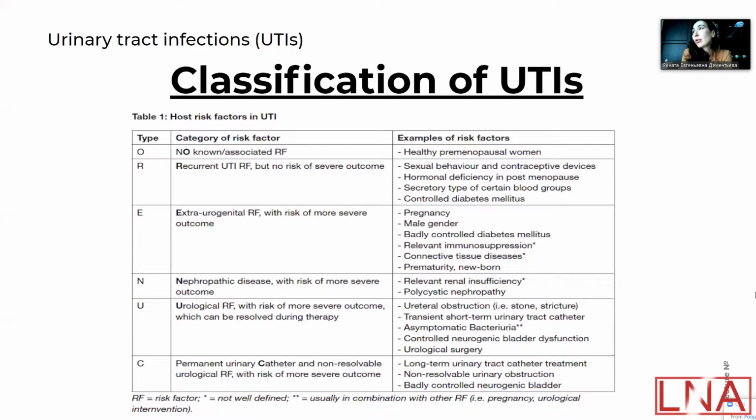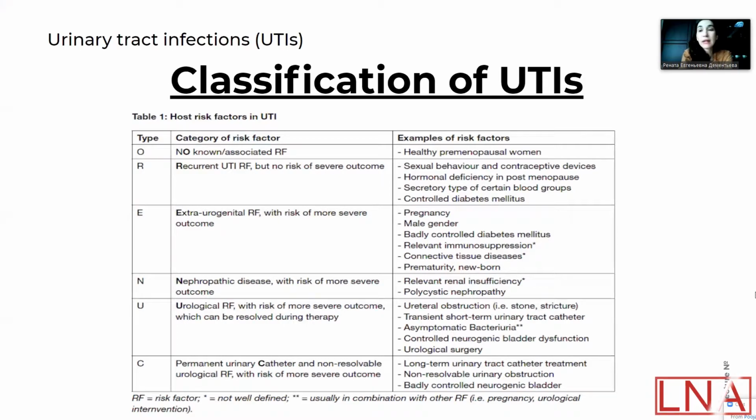Because the glucose level in the blood is increased, and not well controlled diabetes mellitus also works like a host factor. E: extra urogenital risk factors with the risk of more severe outcomes of this infection.